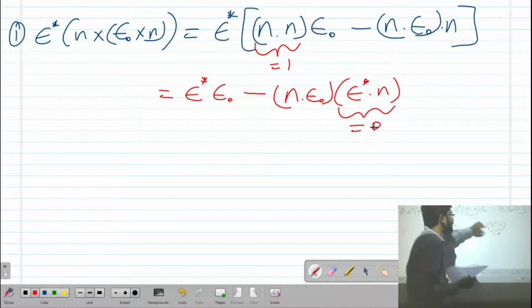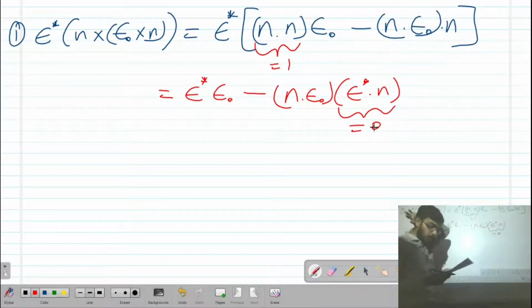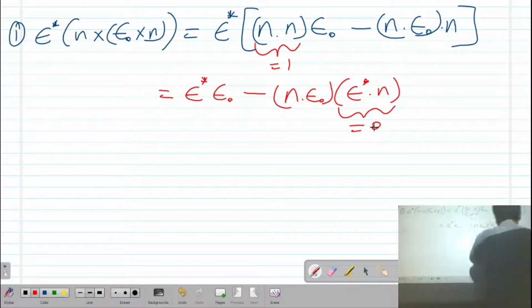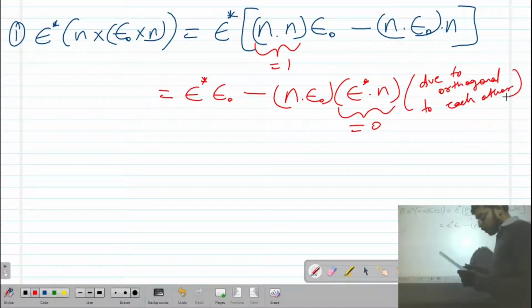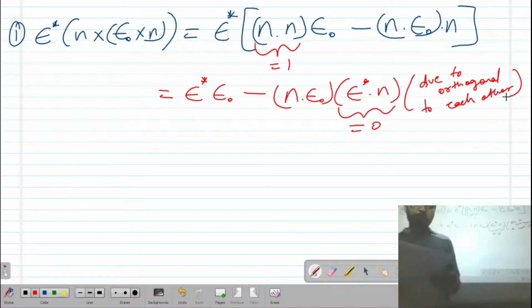This is going to equal 1. This is going to be 0 due to being orthogonal to each other. N is nothing but the unit vector. This epsilon is nothing but the polarization vector. Both are orthogonal to each other, so they are going to 0.